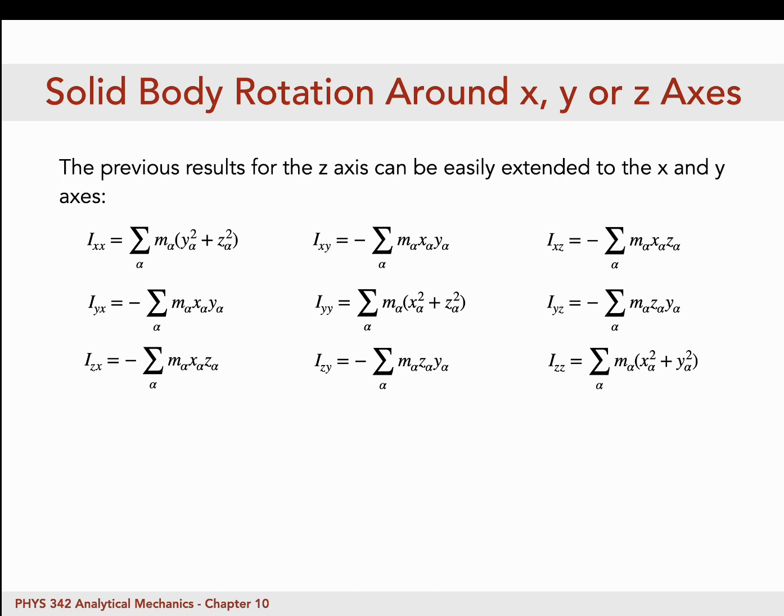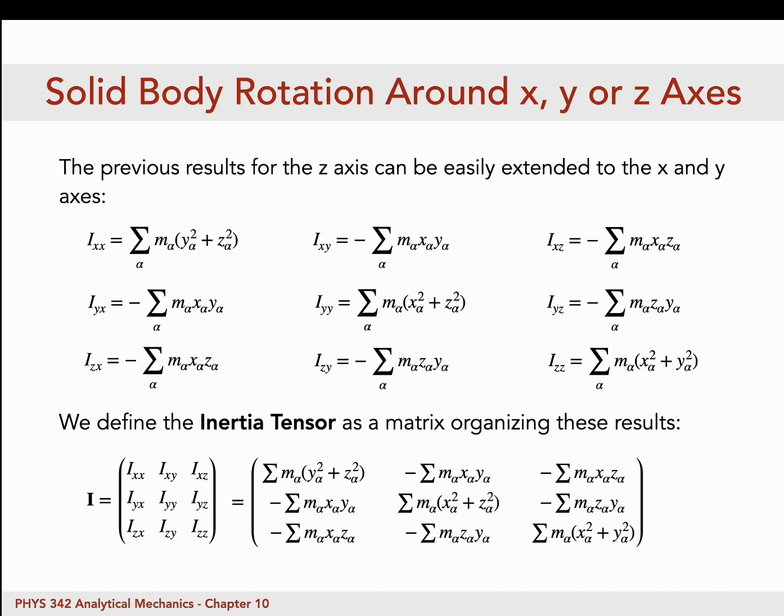Because of the way that these are indexed and organized, we can actually write these equations more compactly as a matrix or as a tensor. All I've done is take these equations and put brackets around them, and then called this structure the inertia tensor.